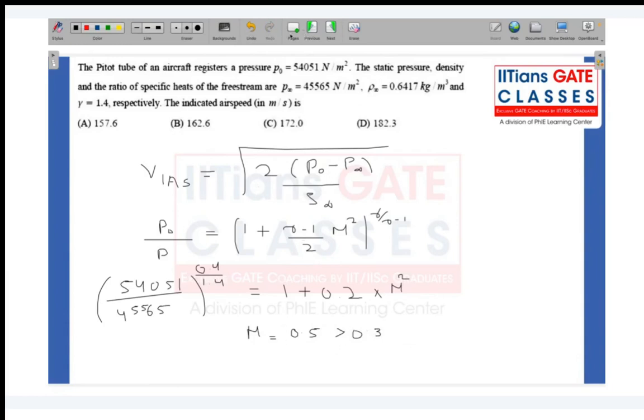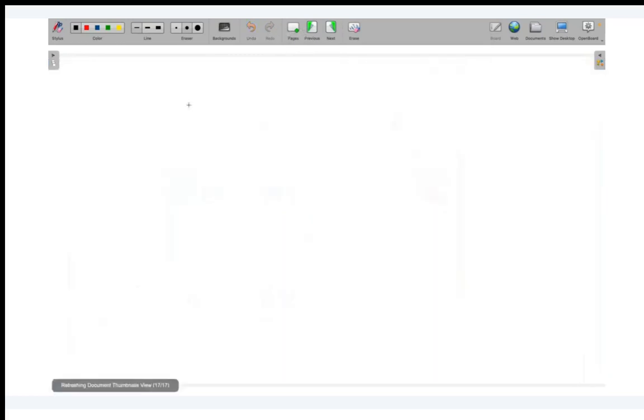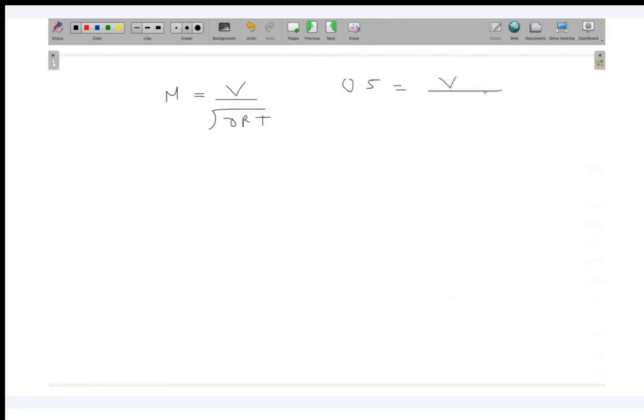So Mach number is nothing but velocity by root of gamma RT. Right. So you have Mach number as 0.5, your velocity is something to be found out, and your gamma is 1.4, R is 287, times your temperature that you need to figure out.